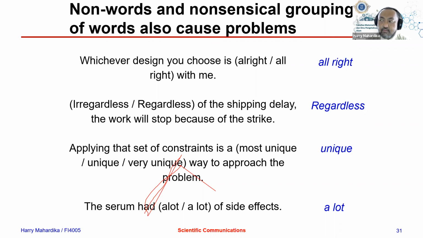So making mistakes in front of the audience when you talk about a certain topic is okay. But if you are involved in graduate study for several years, it is expected that you have improvement in terms of the language itself.